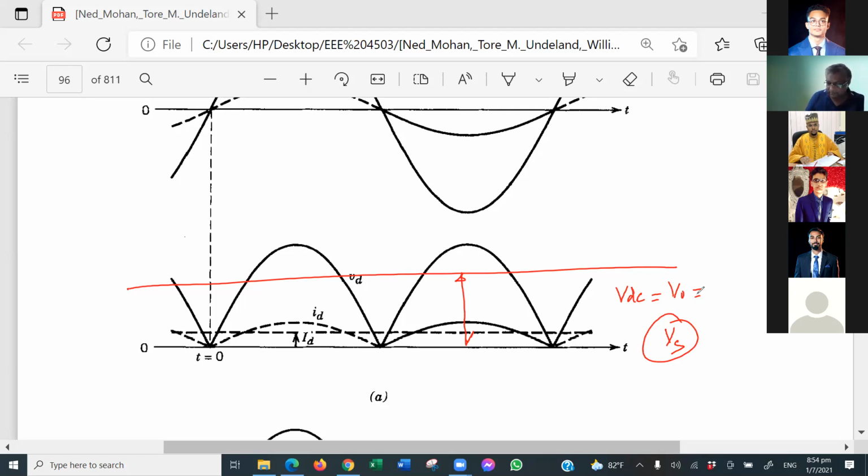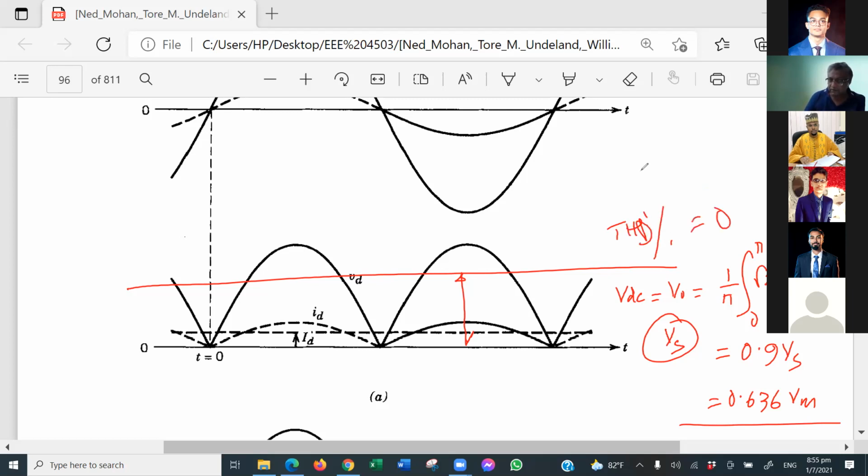Sir, the integral of... Just 0.9, I have already told you. So 0.9 VS, or 0.636 VM, right? Yes. And total harmonic distortion we have already got for this resistive load equal to 0, and displacement power factor is 1. All these things we can say.